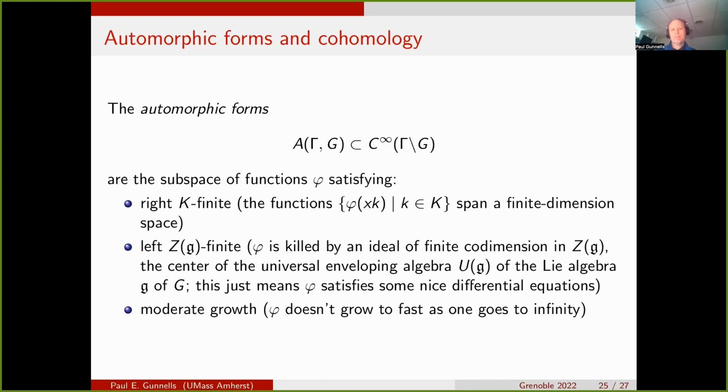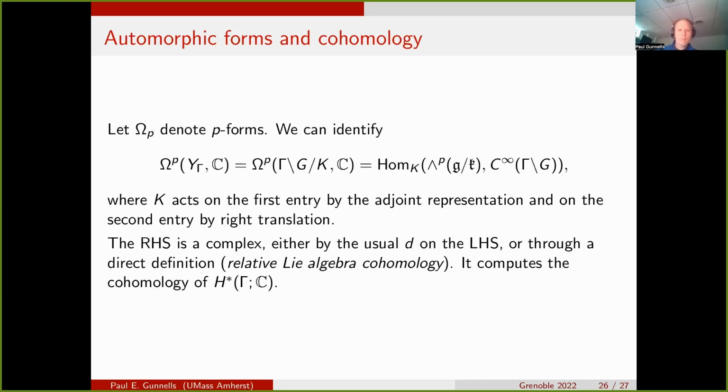Okay, and then in the next slide you say g mod k. Can you say what that would be for SL(n)? Yes. So for SL(n), the Gothic g is the trace zero matrices.